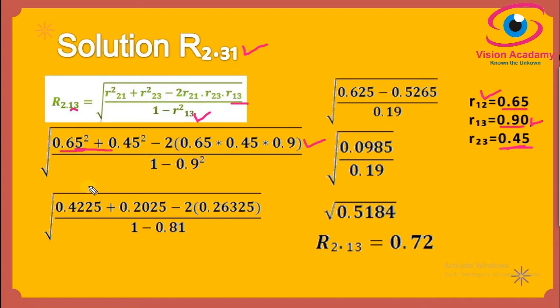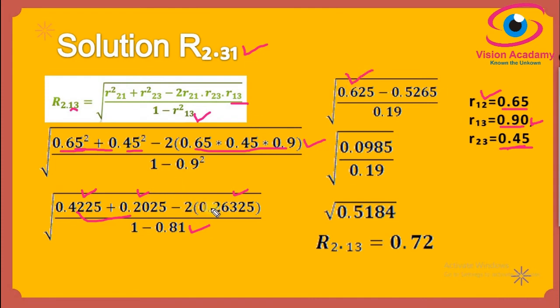Here 0.65 into 0.65 will be 0.4225. 0.45 into 0.45 will be 0.2025, and 0.65 into 0.45 into 0.9 will be 0.26325. In the denominator 0.9 into 0.9 will be 0.81. When we add these two values, 0.4225 plus 0.2025 will be 0.625.